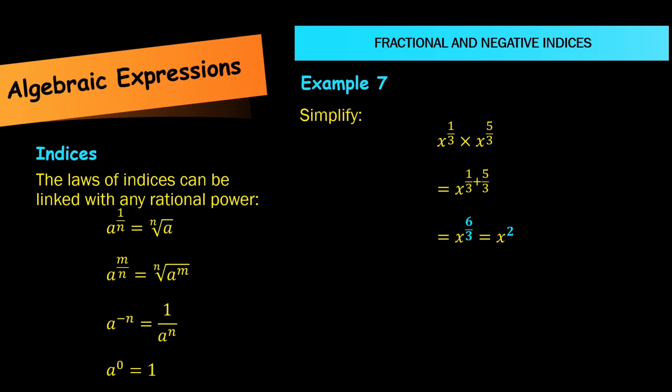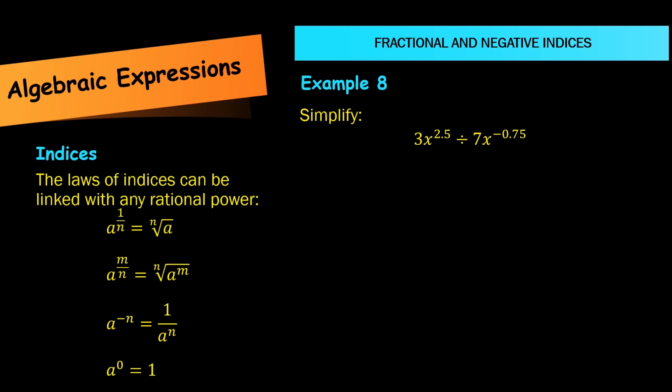Now for the next example, simplify x to the power 5 all raised to the power 3/5. We can multiply 5 by 3/5 to give us x to the power 3. And now for example 6, simplify the expression shown.